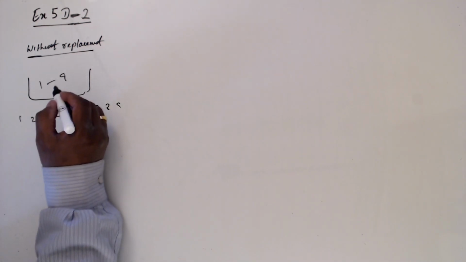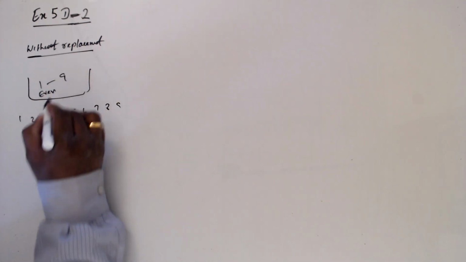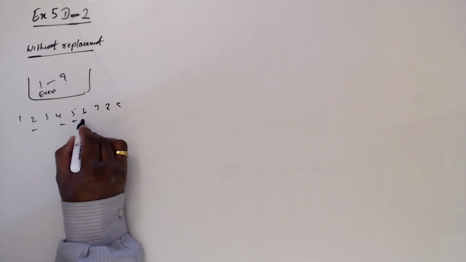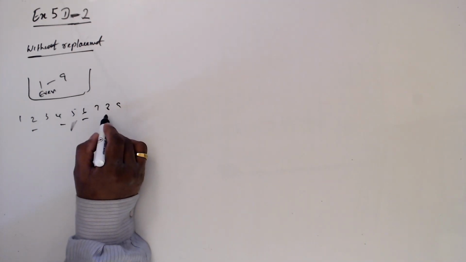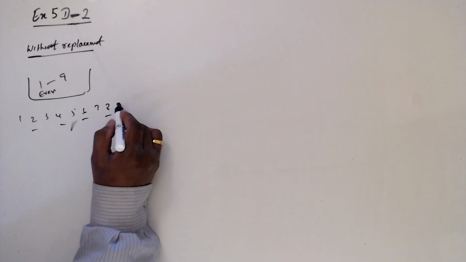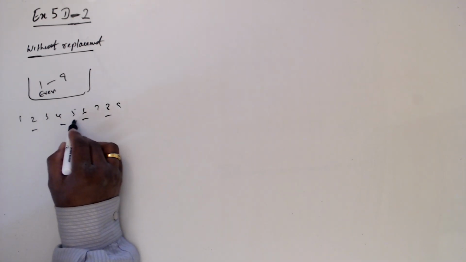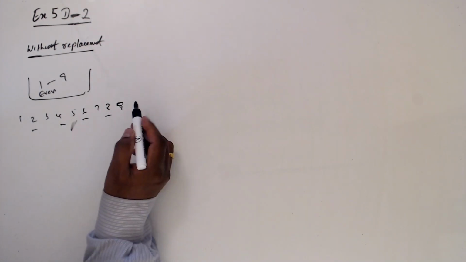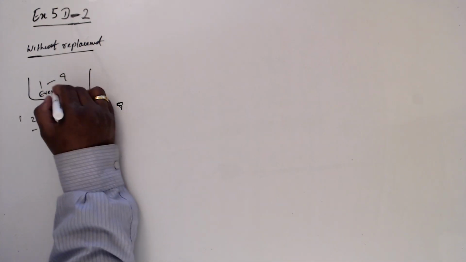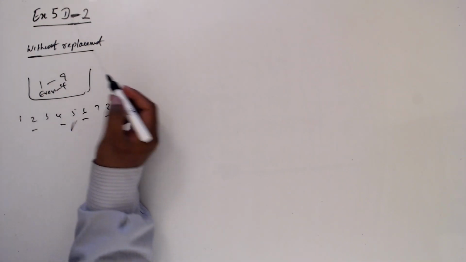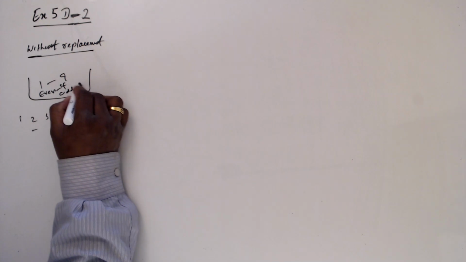So how many even cards? 1, 2, 3, 4. Even 4 cards. Odd 5 cards.